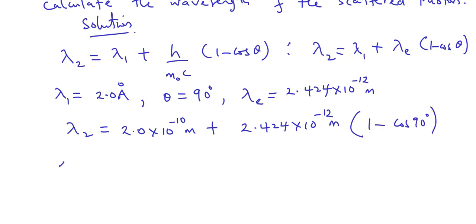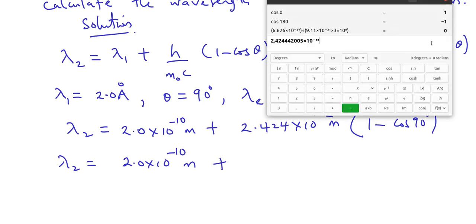So what is cos 90 degrees? You can take your calculator and evaluate it. You get 0, so 1 minus 0 will give you 1.